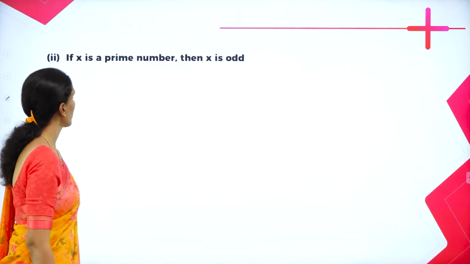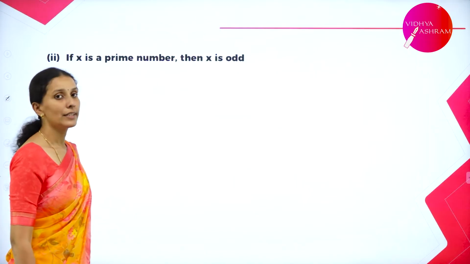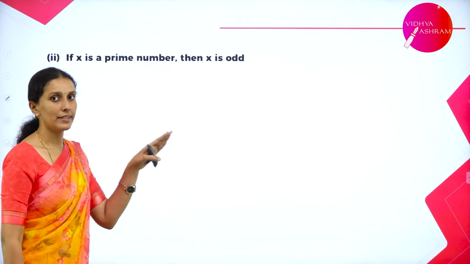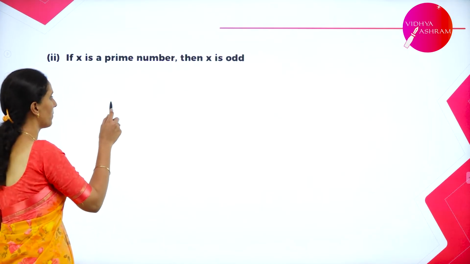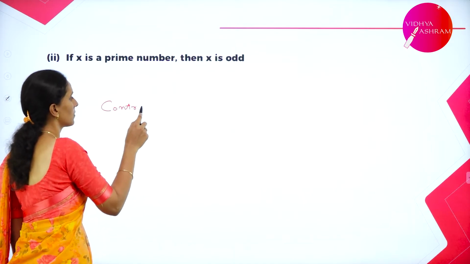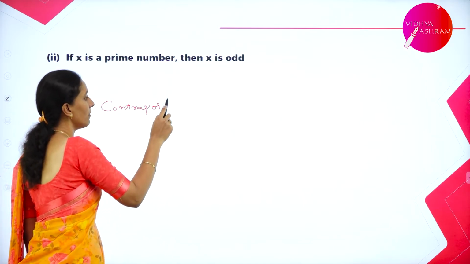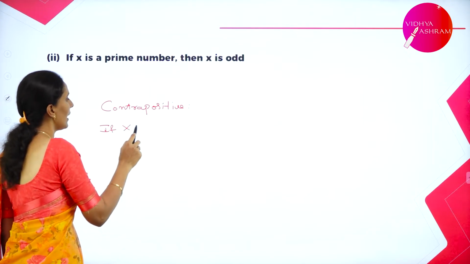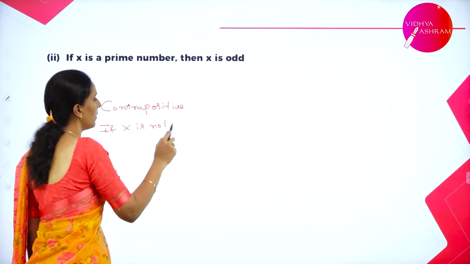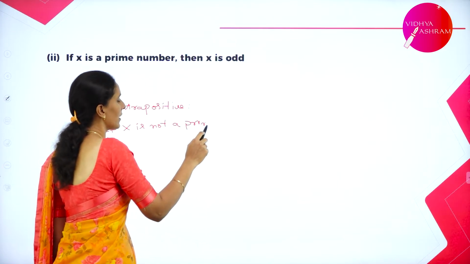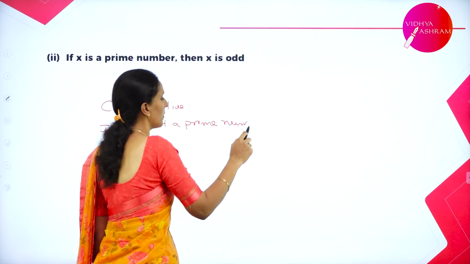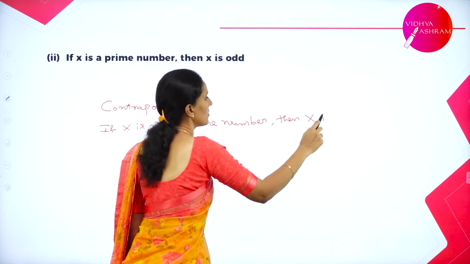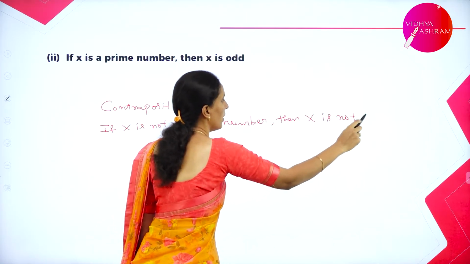Next one, if x is a prime number, then x is odd. The given statement is x is a prime number, x is odd. So for the contrapositive, negate both statements: if x is not a prime number, then x is not odd.